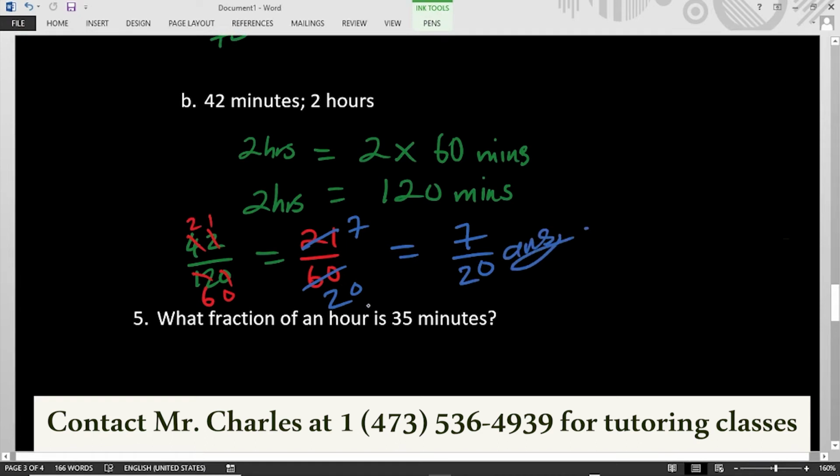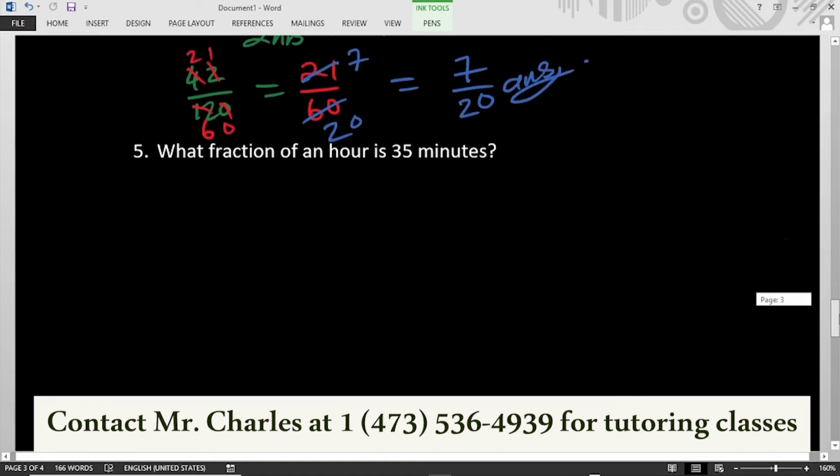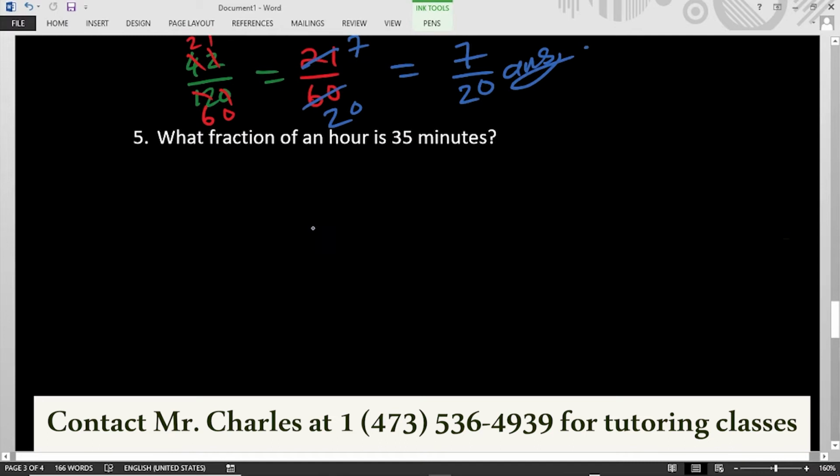Okay, 7 over 20. Let's move on to the next question. What fraction of an hour is 35 minutes? So we have to express 35 minutes as a fraction of an hour.